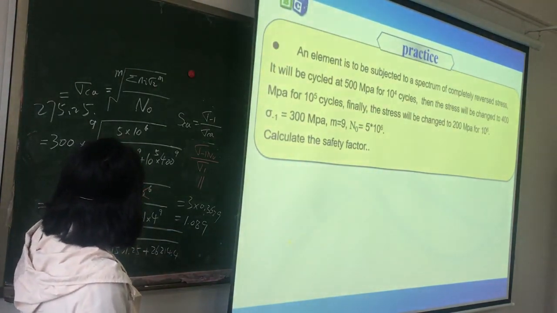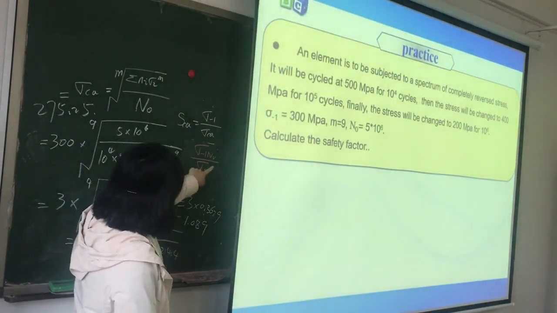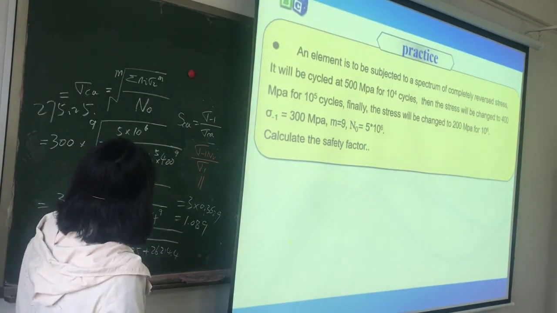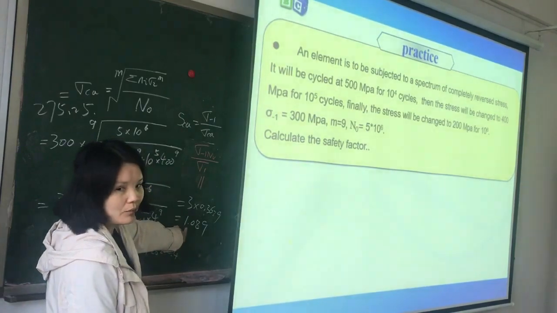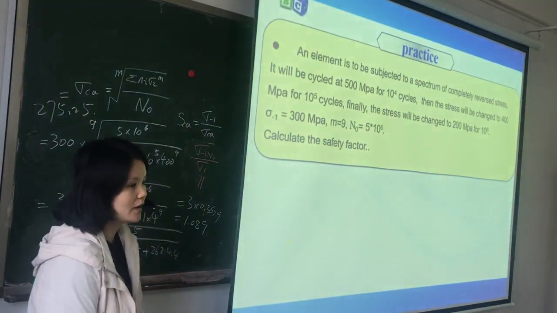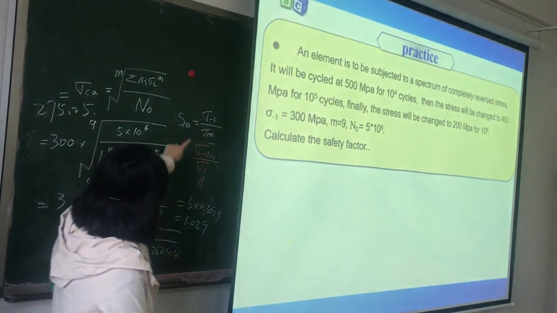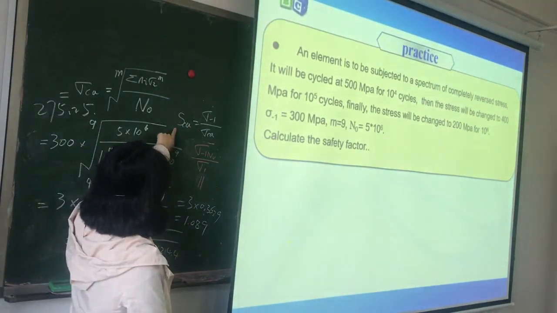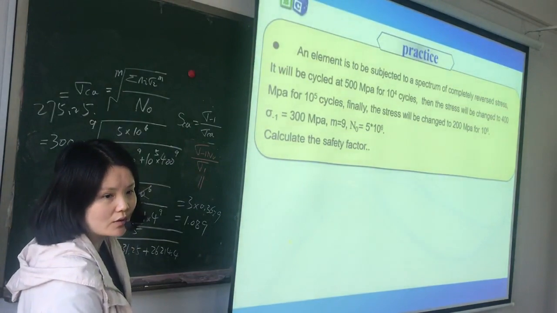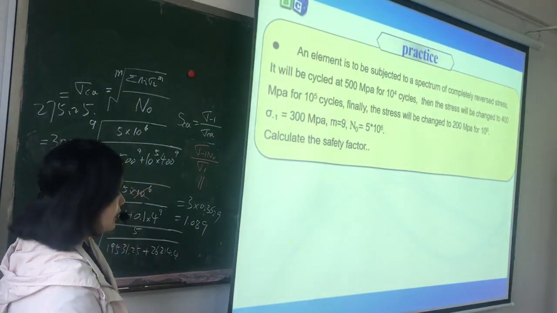Okay, so we use this equation to calculate the safety factor. The value is also 1.089. So both this equation and this equation can calculate the safety factor. Okay, it's the same.